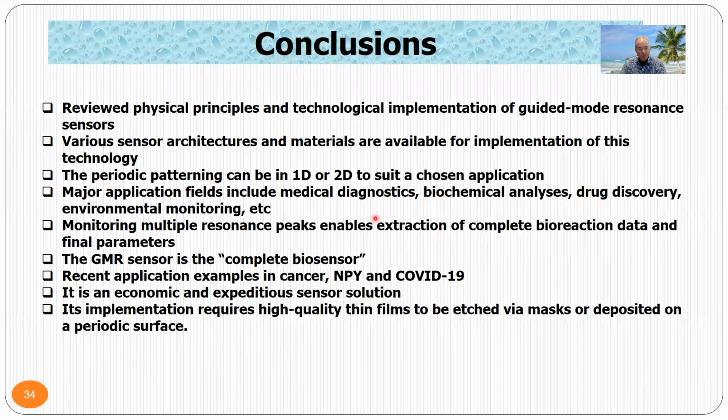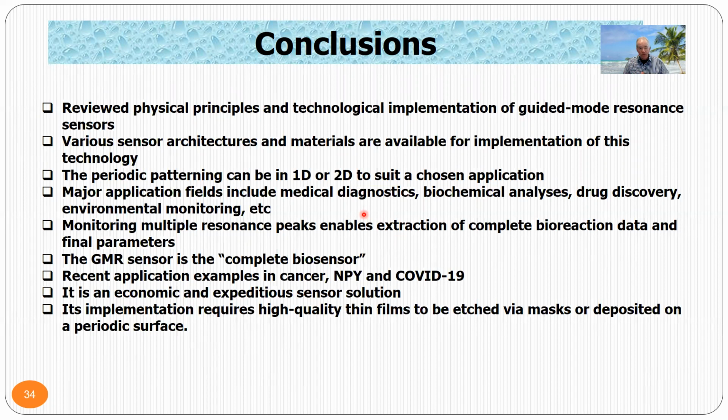So in summary, I've reviewed the physical principles and technological implementation of the guided mode resonance sensor concept. There is a variety of different architecture and materials design possibilities for this sensor type.